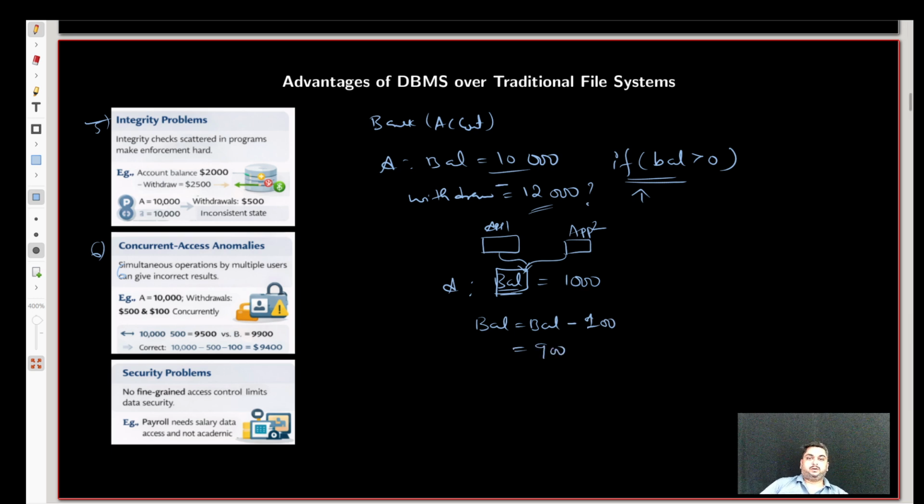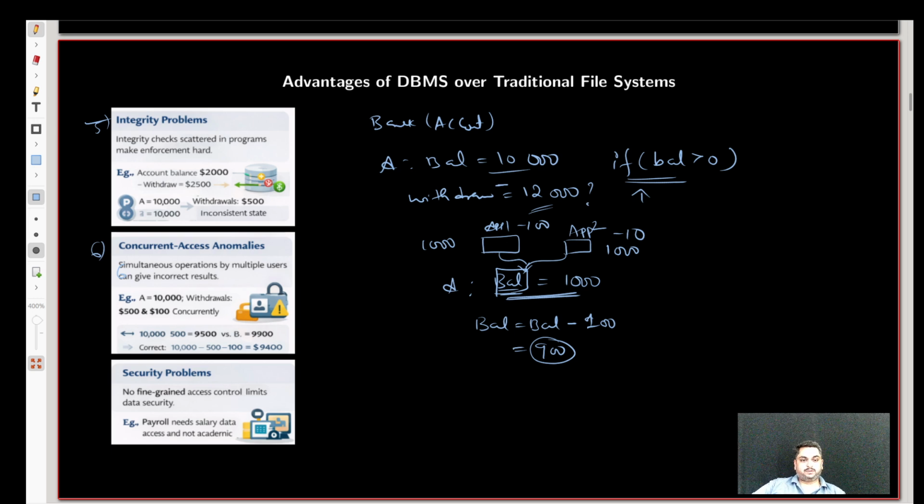If app 2 accesses after app 1 has completed, it will access the new value. Now say app 2 wants to deduct 10 rupees. When they are concurrent, they access the shared balance variable at the same time, so app 1 reads the balance as 1000 and app 2 also reads 1000. They perform their operations locally.